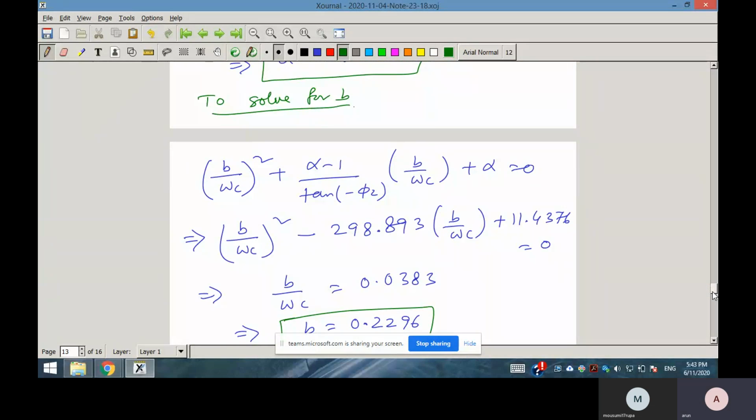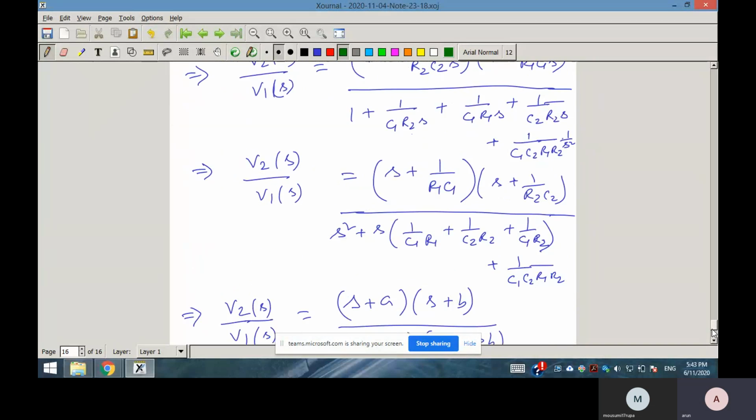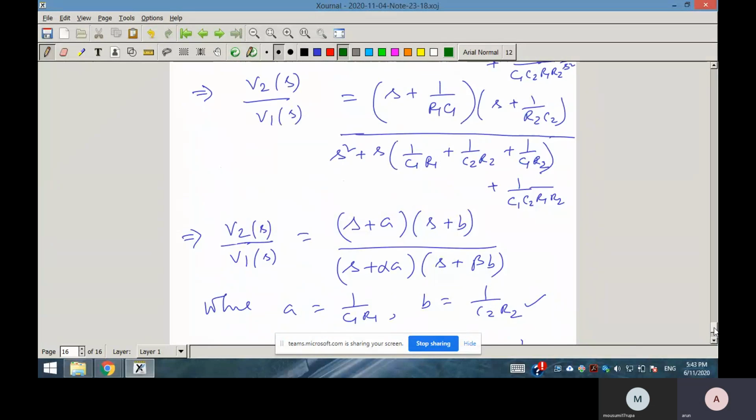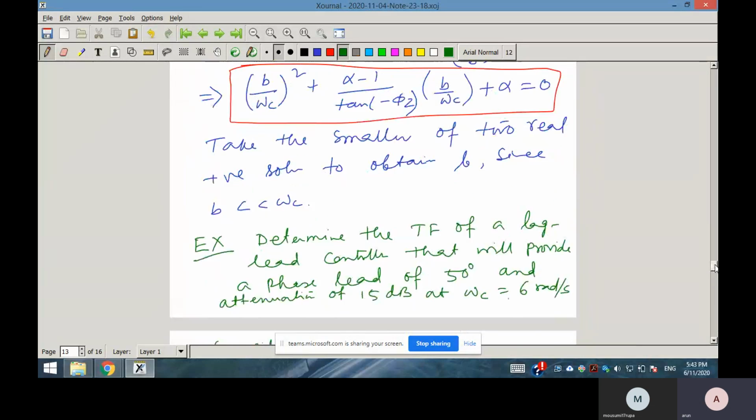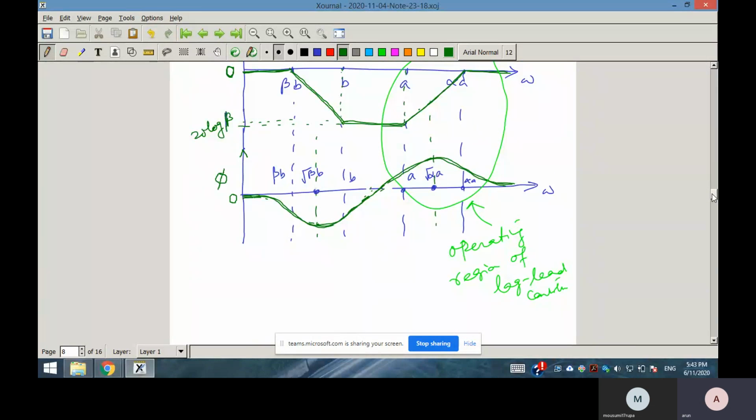So lead controller, as I said, lead controller is needed. For all controller designs, the lag lead controller design objective is the same. That means three specifications we have to meet.